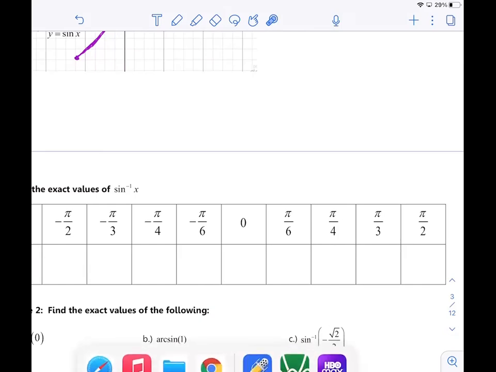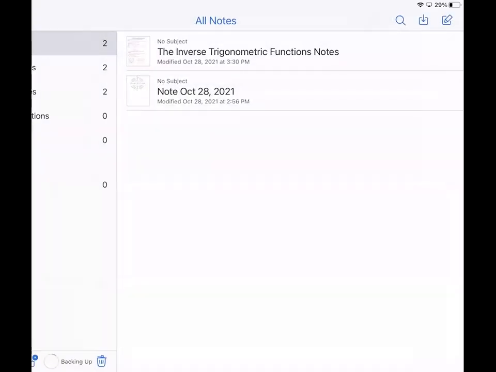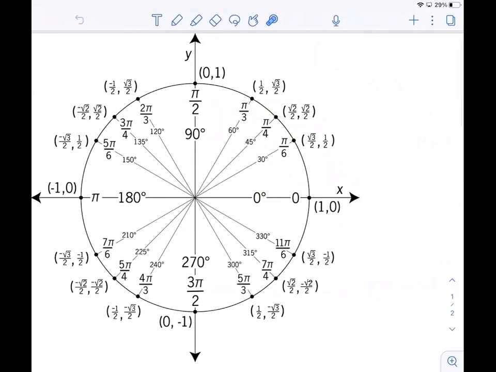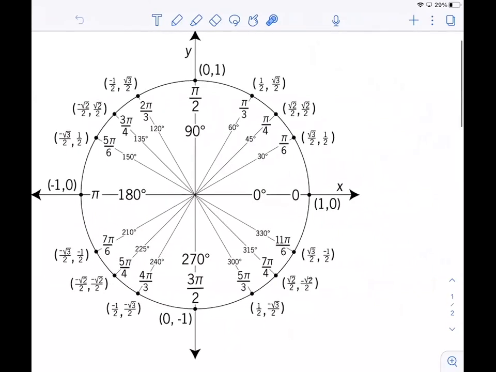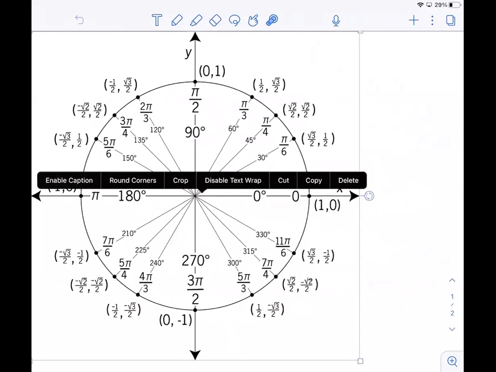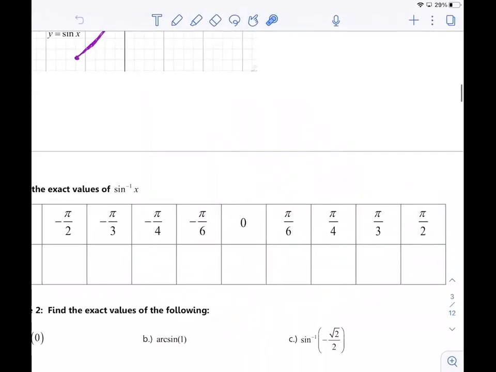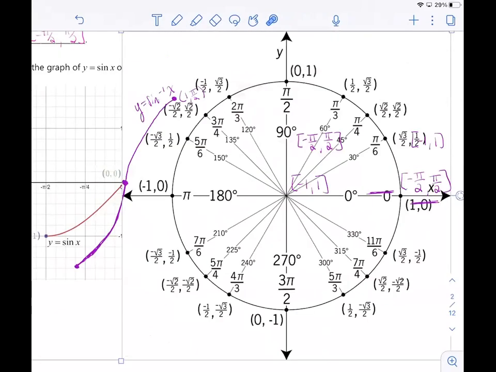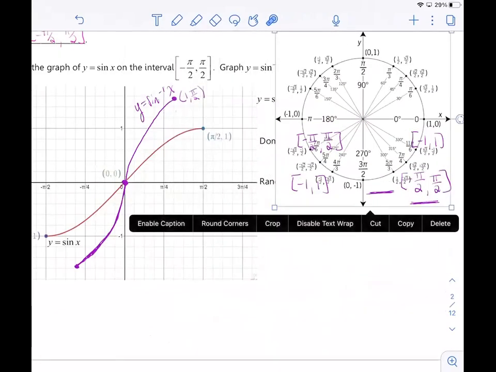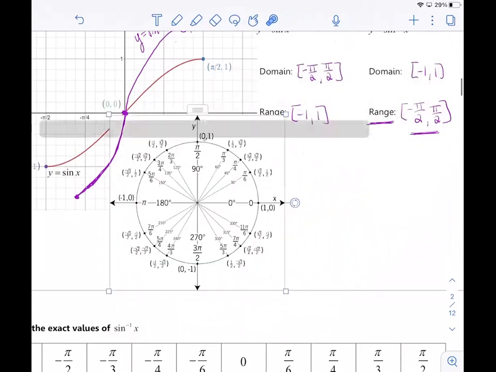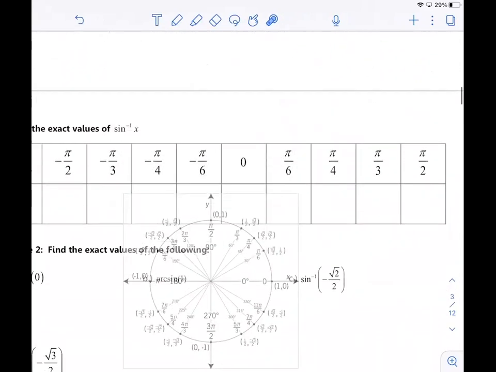So I'm going to pull up that unit circle. And let's go ahead and just bring it here. And I'm just going to make it a little bit smaller so I can actually use it.